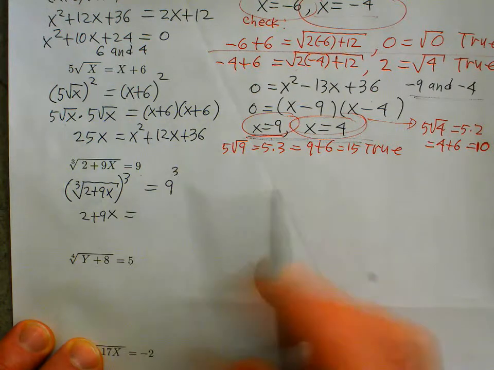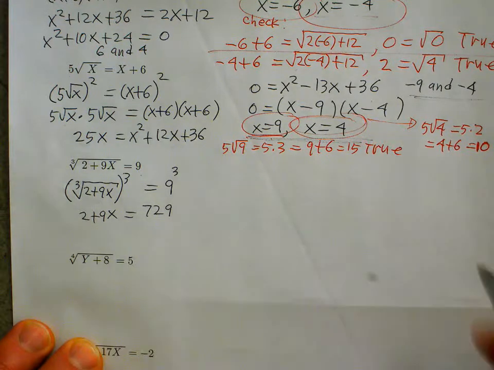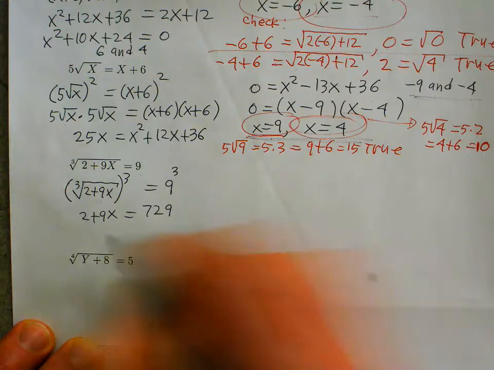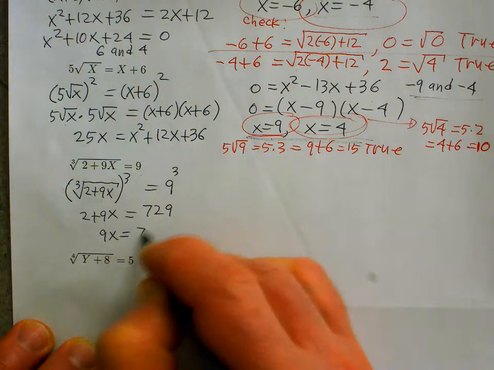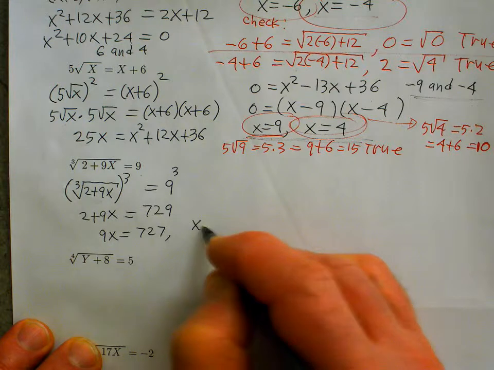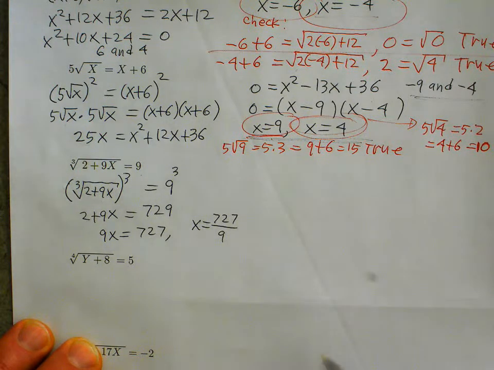And 9 to the third, 9 times 9 times 9, is 729. Then subtract 2. We get 9x equals 727. And then divide both sides by 9, we get x equals 727 divided by 9. This fraction cannot be written in lower terms.